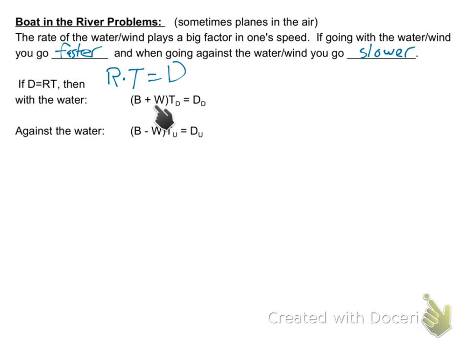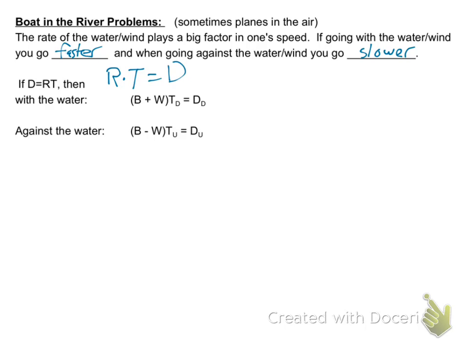So if you can row at 2 miles an hour and the river is flowing at 3 miles an hour, when you get in that river and you're rowing with it, you are actually going 5 miles an hour. Make sense? If you're going with the water, you combine your speeds. Rate times the time down, TD, will equal the distance down, D with a little d.